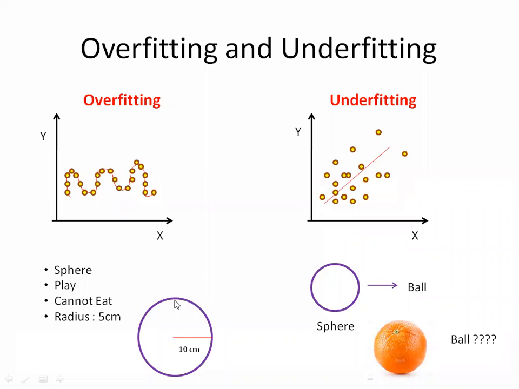Now let us assume that this spherical shape is actually a ball. Take the first example, where it is a sphere.